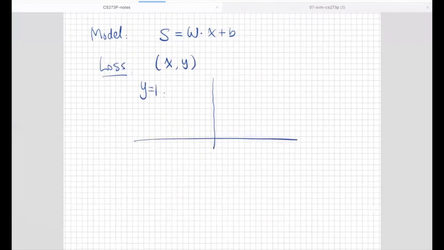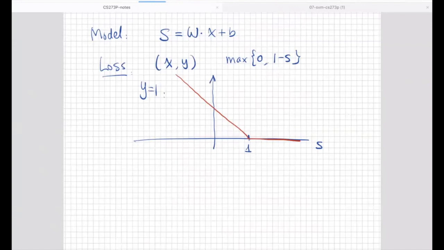The loss function looks something like this: the maximum between 0 and 1 minus the score, if Y is equal to 1. It's saying that if your score is greater than 1, there's no loss, so your loss is strictly 0 on this side. It only becomes a non-zero loss when your score is less than 1. So that is your new loss function.